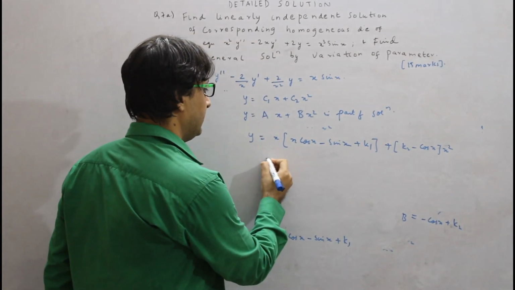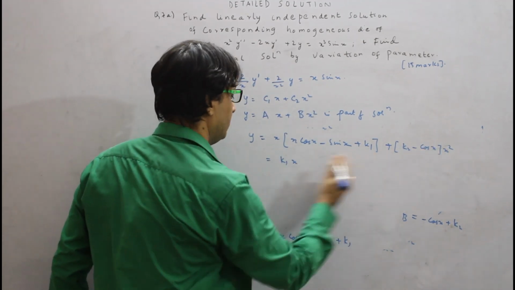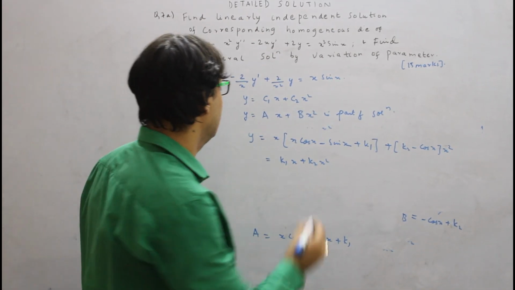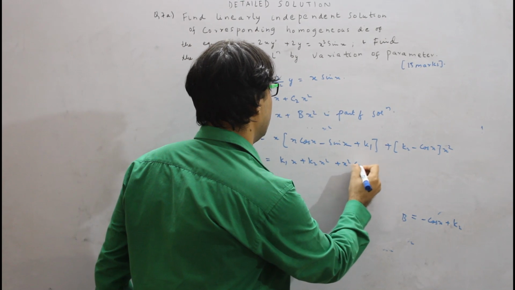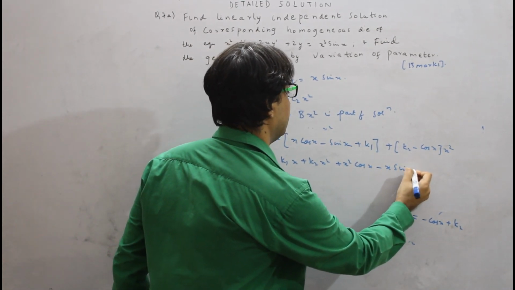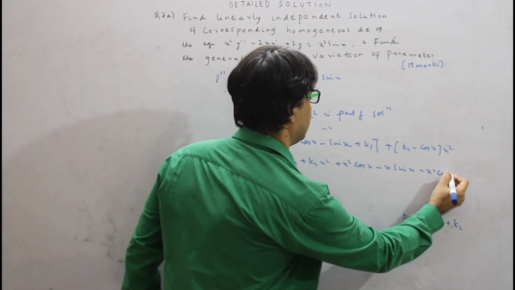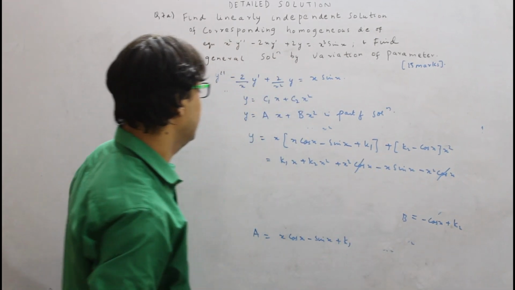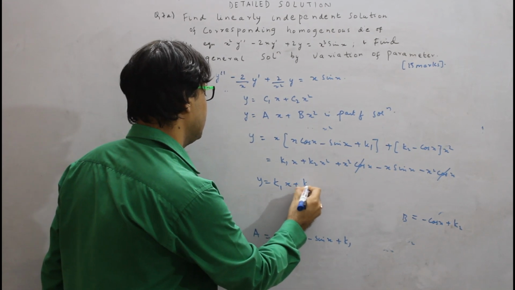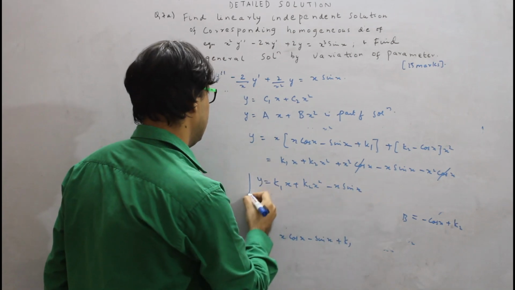So here we can write this as k1x + k2x², because this has come in the complementary function, and this can be written as x² cos x − x sin x, and this is x² cos x. So this one and this one get cancelled, and finally we are left with y = k1x + k2x² − x sin x.